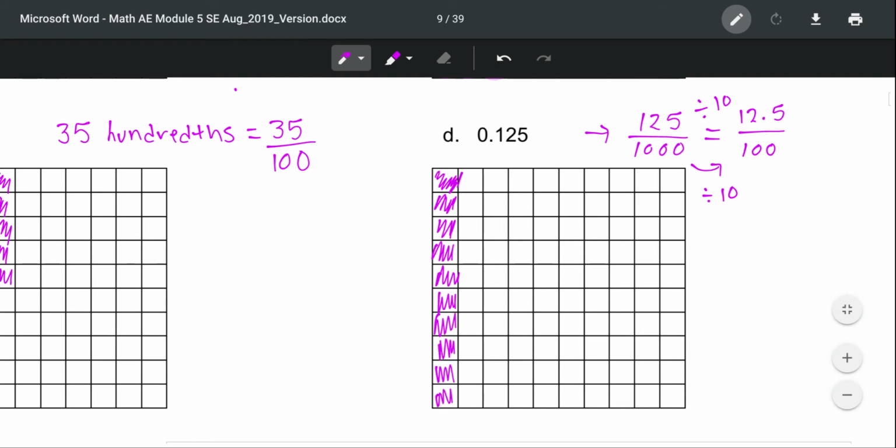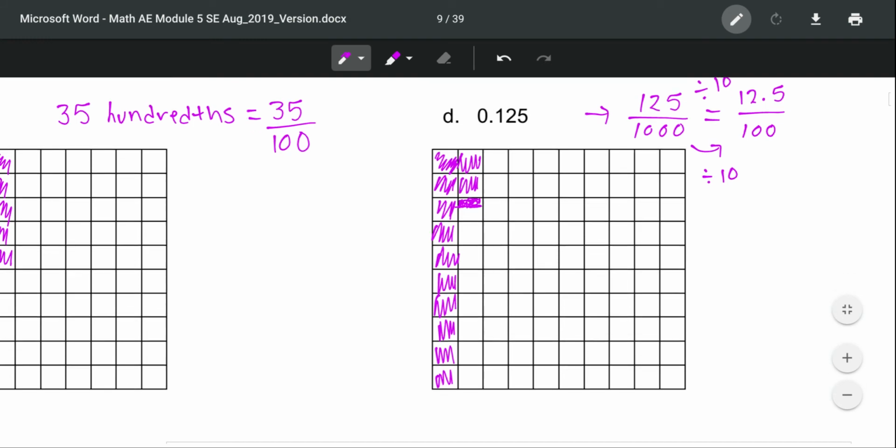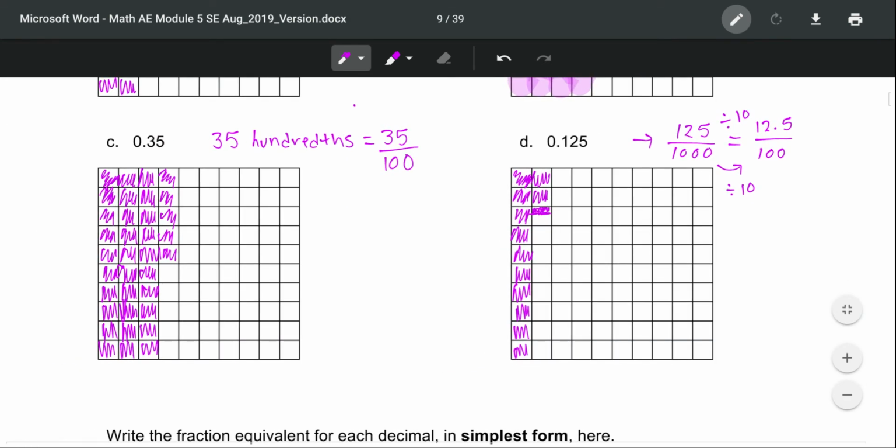Then in the second column, you can shade 2 more, so that'd be 12, and then a half of one of your unit squares. So that shows 12.5 out of 100, which would be 125 thousandths.